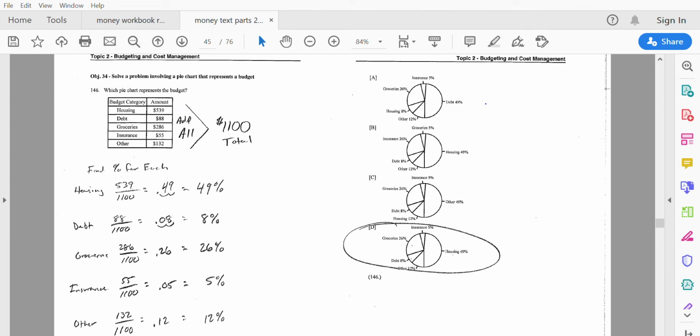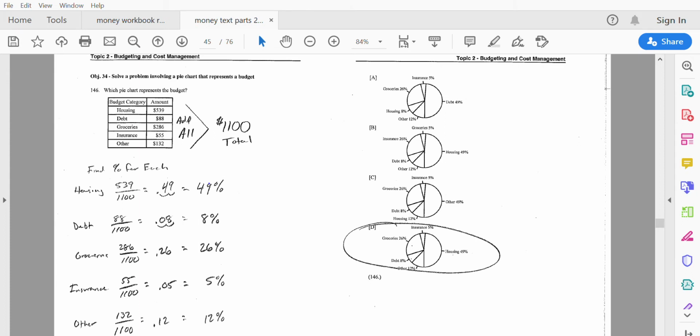Okay, so now these pie charts are split up with percentages. To get percentages, we need to find a part out of a total. So first thing we're going to do is take all these numbers and add them up, which I did here. It's 1,100.